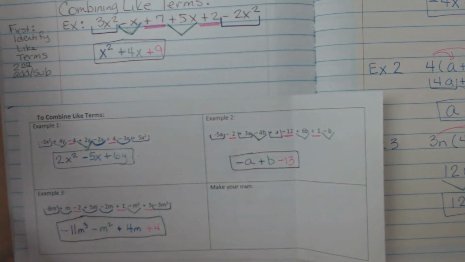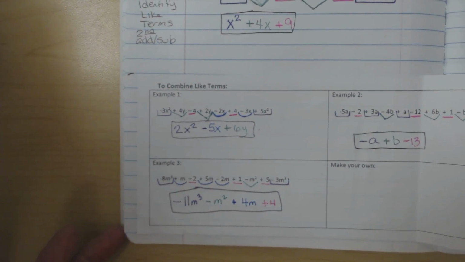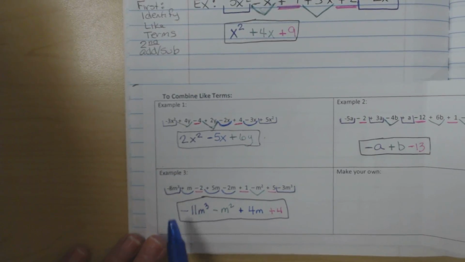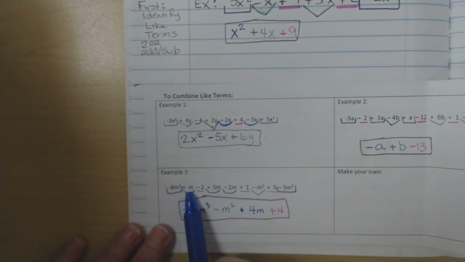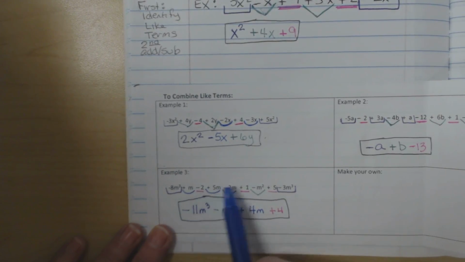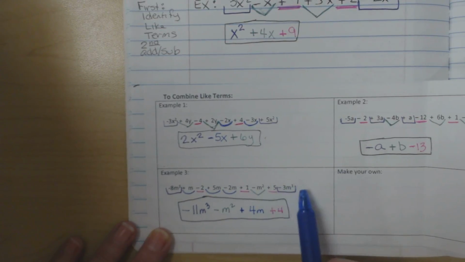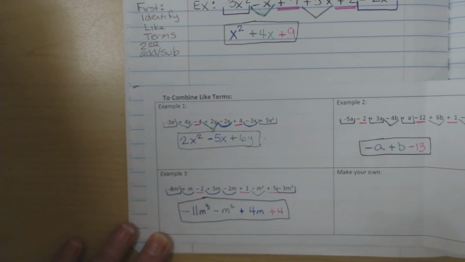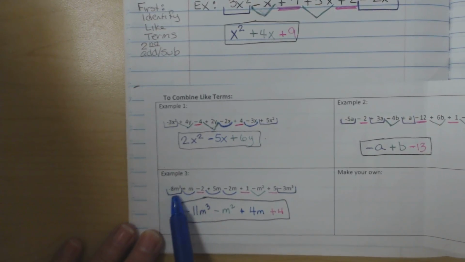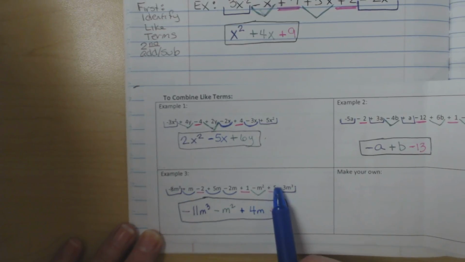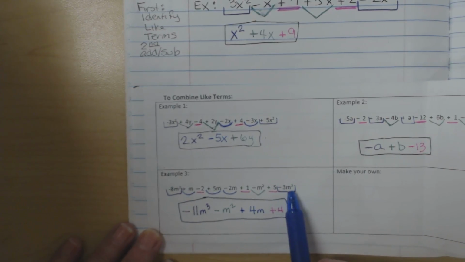In our final example, we have a lot of terms. We have m cubed, we have an m, we have a constant, some more m's, we've got an m squared, another constant, and some m cubed. So remember, like terms have the same letter and the same exponent. So negative 8m to the third power is the same as negative 3m to the third power.